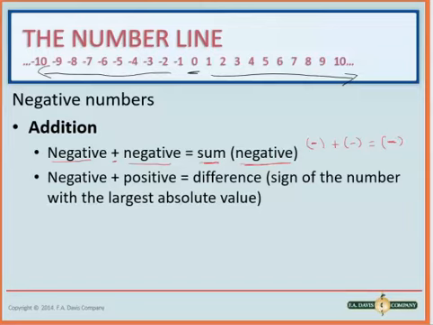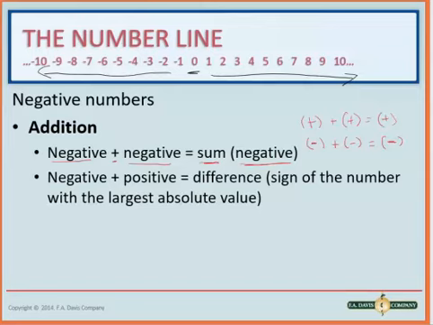Okay, let's just say we're adding positive numbers just like we normally would. In that case, a positive number plus a positive number, of course, is going to equal a positive number, just like we normally do in any addition problem. But in this example, we're talking about a negative number.